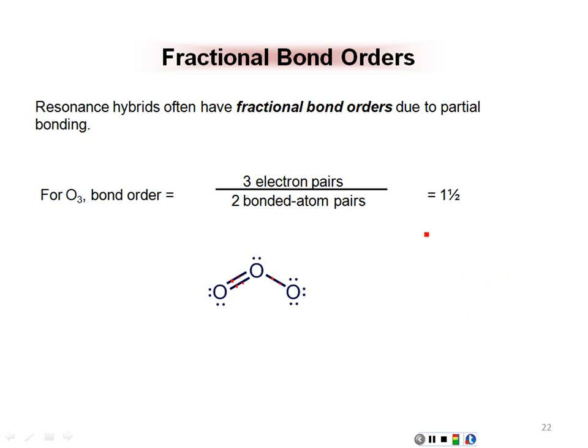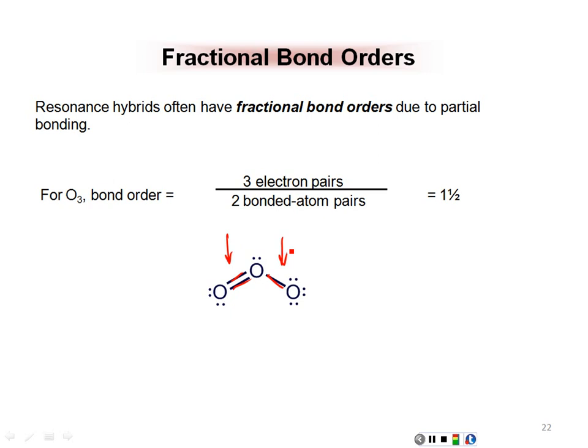These fractional bond orders, it's really hard to calculate them sometimes. It's best, at least in my head, to think about it this way. You have 3 single bonds, and you're spreading those out between two bonding sites.